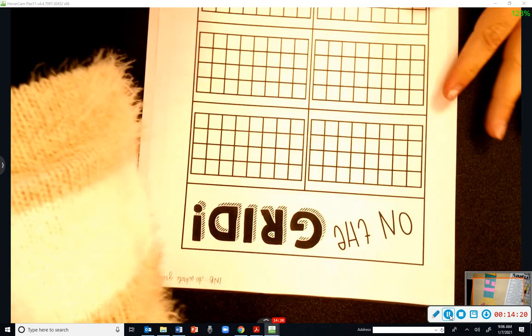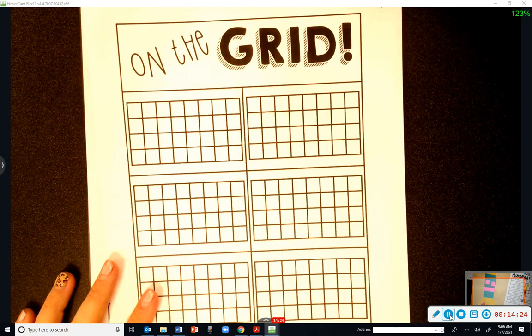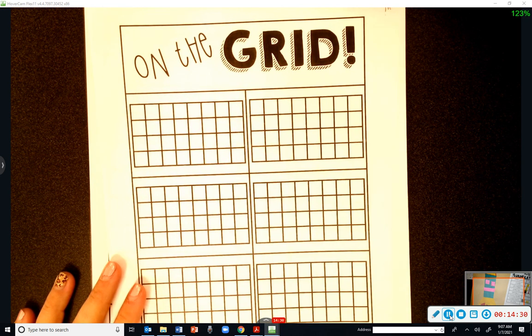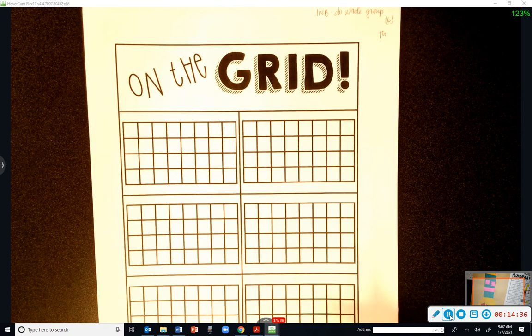So we're looking at this sheet, and we want to draw the shapes correctly, okay? So let's just start with a trapezoid. Now you need to look back at your rules and make sure that you're drawing them correctly, because you can't just draw it however you want. It has to include all of those attributes, okay?